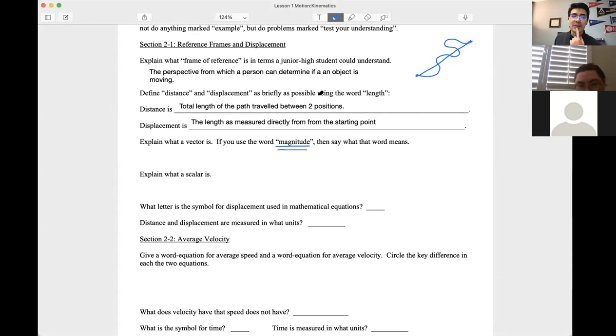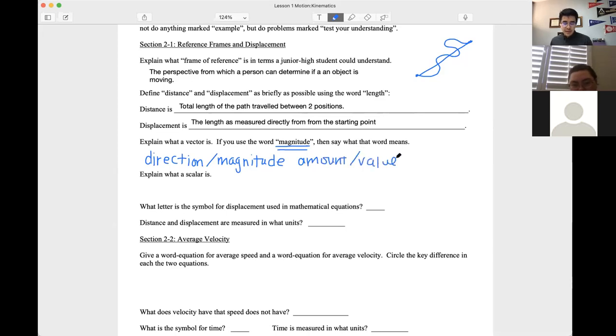Force isn't a movement. So it's any sort of quantity that has both a direction and a magnitude. Instead of using the word magnitude, what else could we say? The amount or the extent. The amount, yeah. The value, maybe.